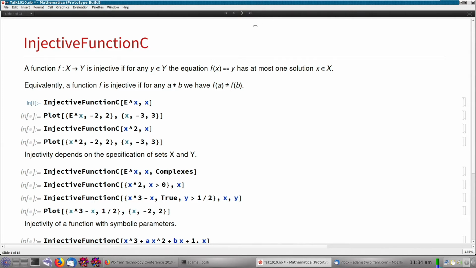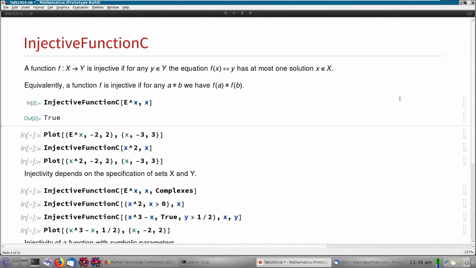So for instance, we can evaluate InjectiveFunctionC for the exponential, and it's an injective function.